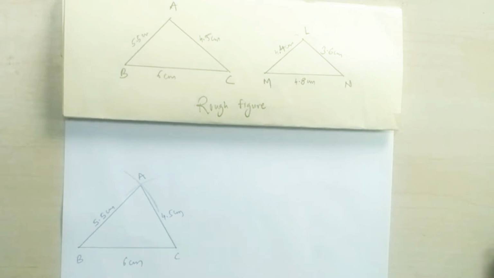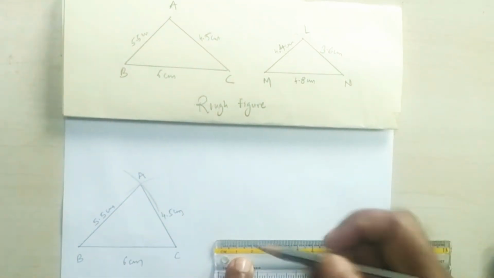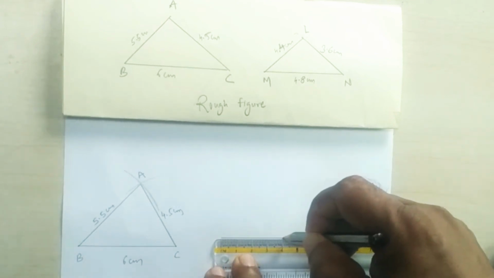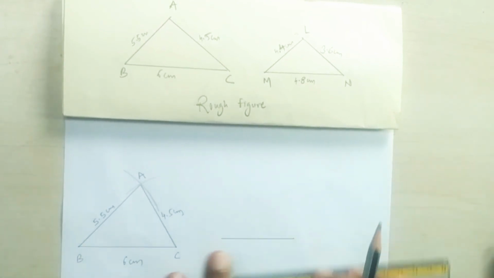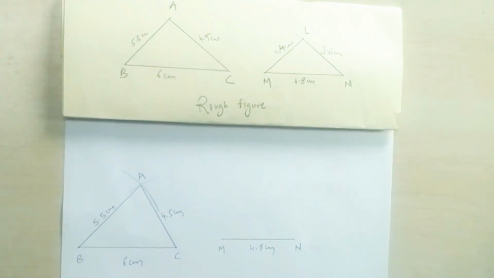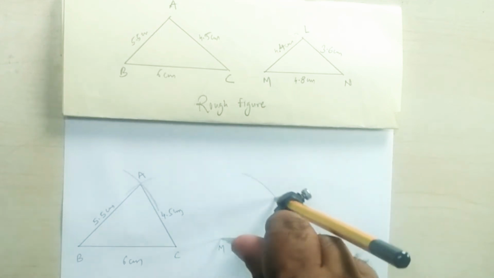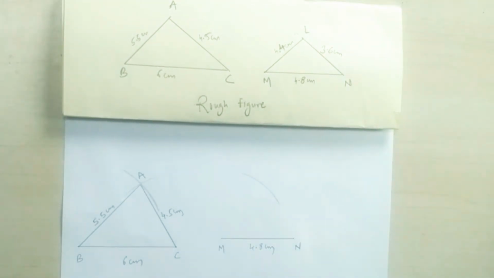Similarly, construct triangle LMN. Base MN is equal to 4.8 centimeter. Take a distance in the compass, that is 4.4 centimeter, and LN 3.6 centimeter.